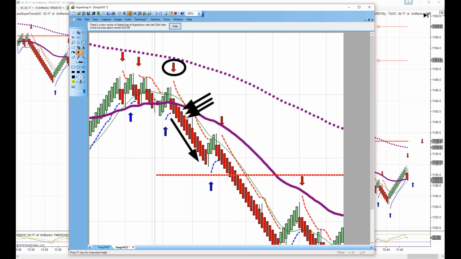You could follow this down until eventually you would get enough of a wick to stop you out. So that's one way of following an arrow trade with the bars to get profit out of this. But eventually a wick will happen and you'll get stopped out.